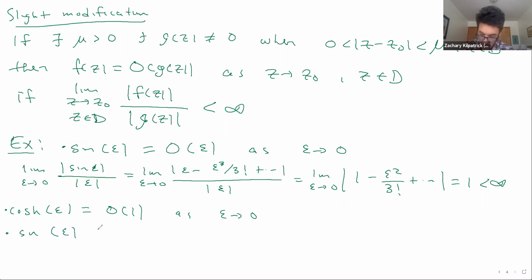Sine of epsilon is equal to big O of 1 as x goes to positive infinity. So to show that, you could take the limit, sorry, not x, there I go. It's sort of weird to write epsilon as going to infinity.